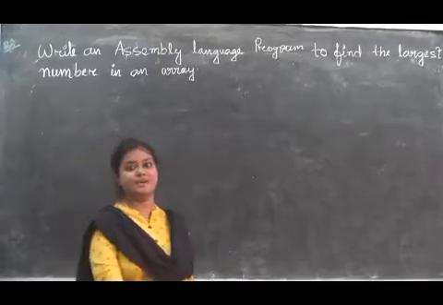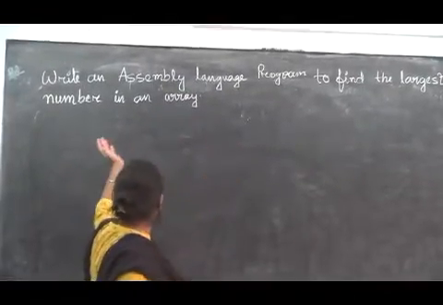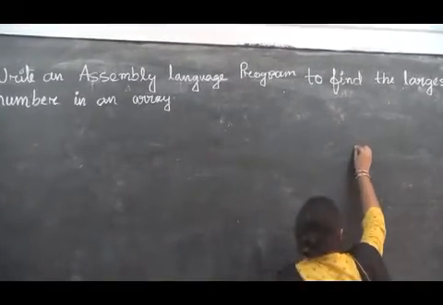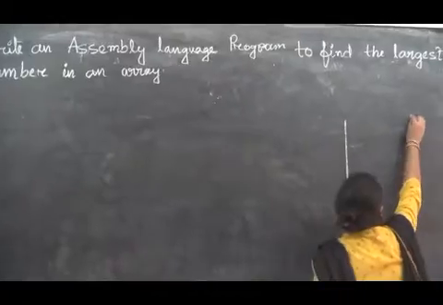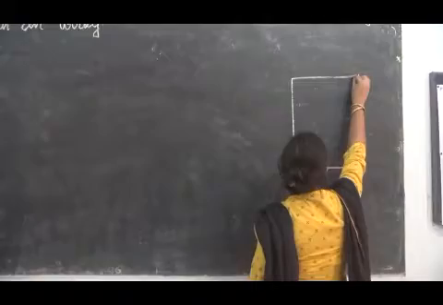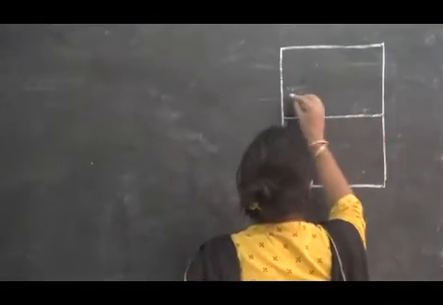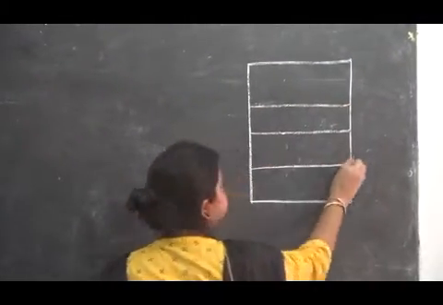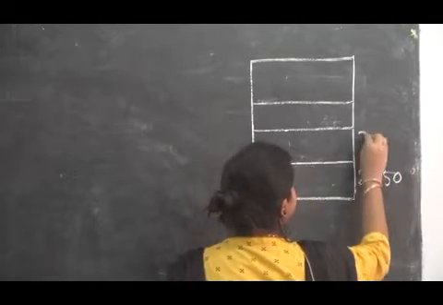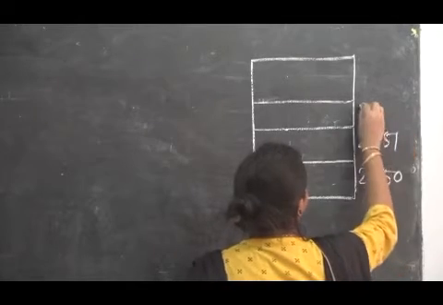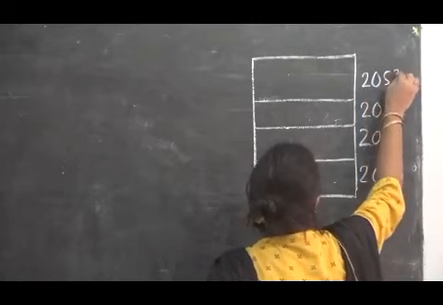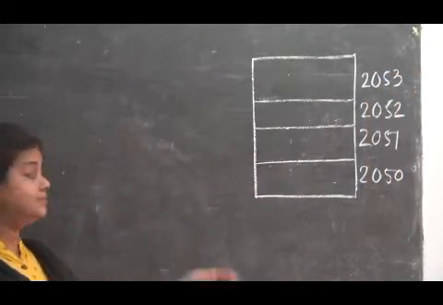Today our first experiment is to find the largest number in an array. Suppose this is a memory block, and we have 4 consecutive memory locations. Suppose this is 2050, this is 2051, this is 2052, and 2053.